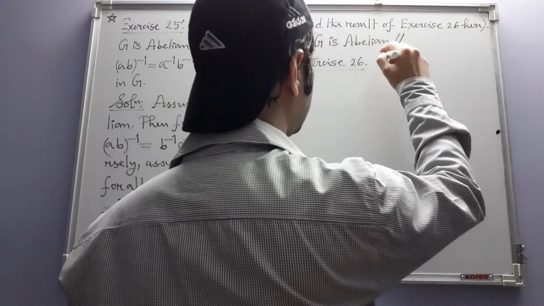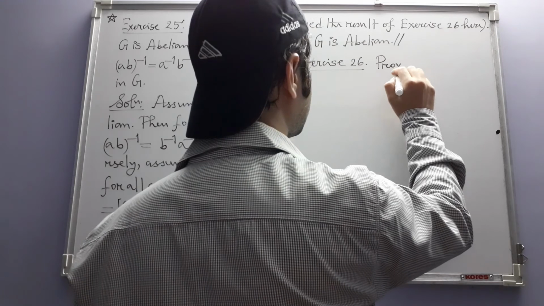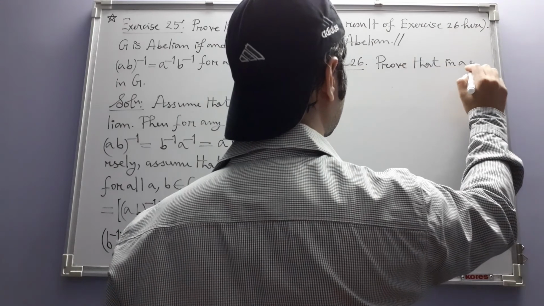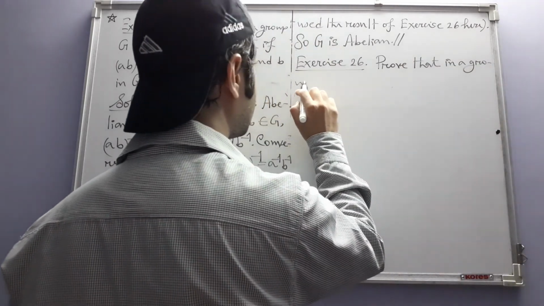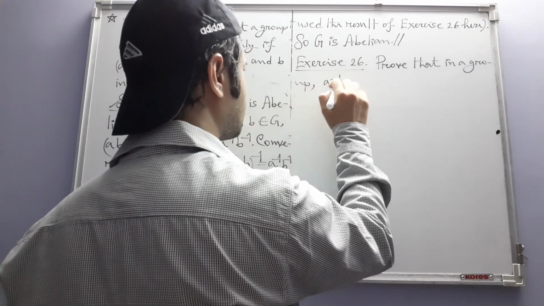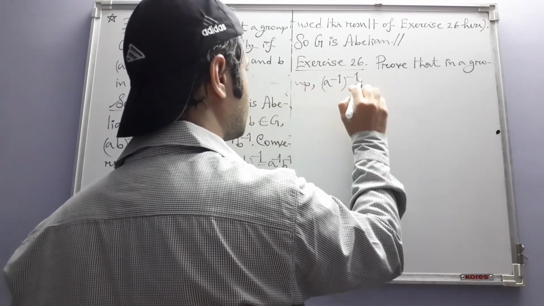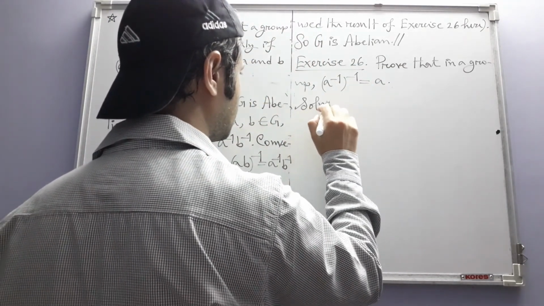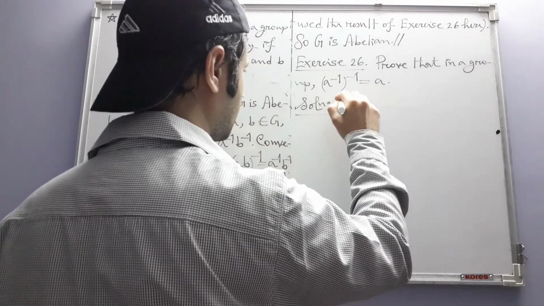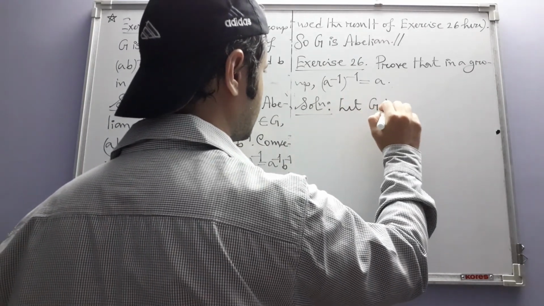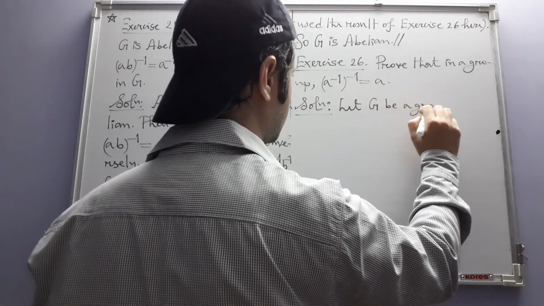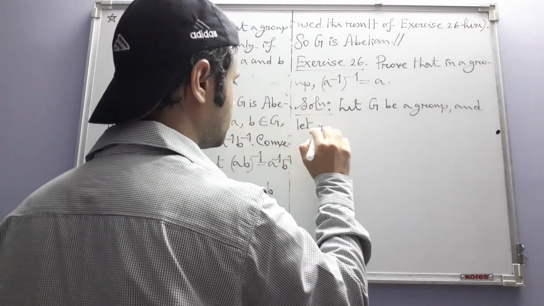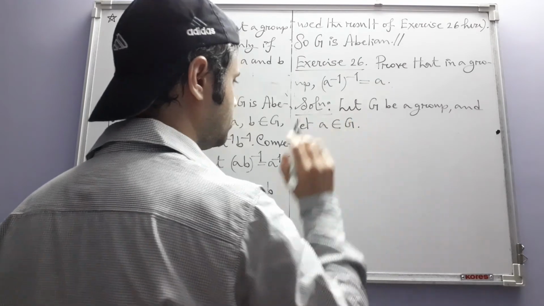Prove that in a group, let G be a group and let A be an element in G.